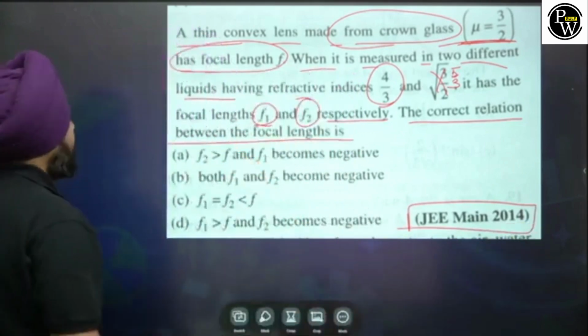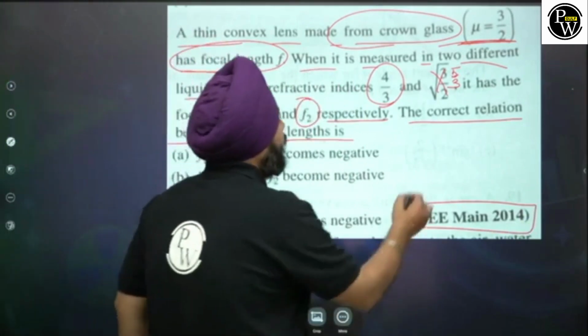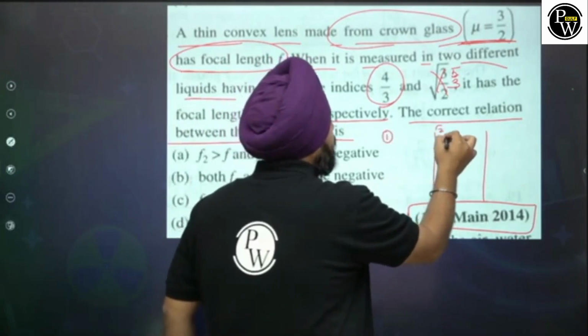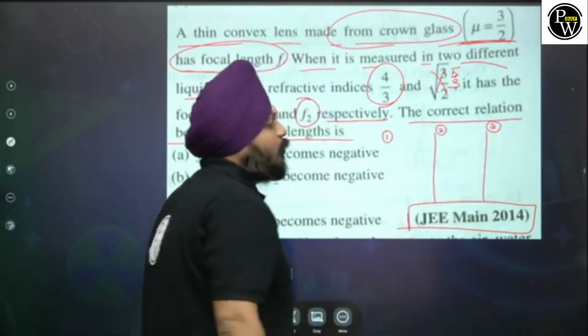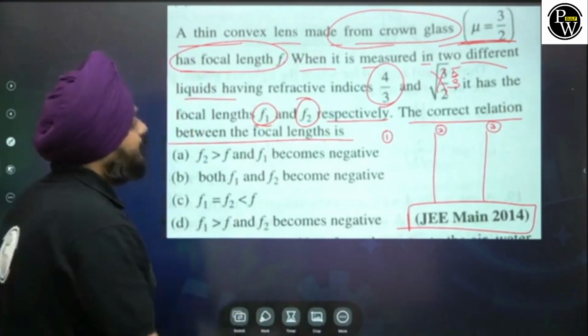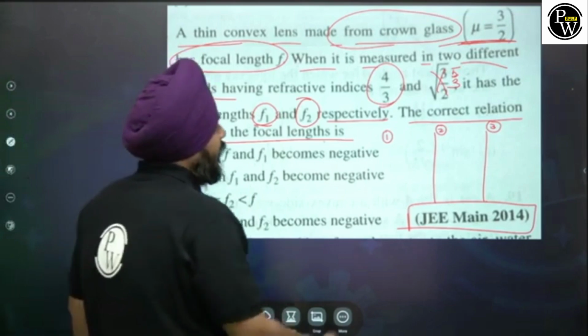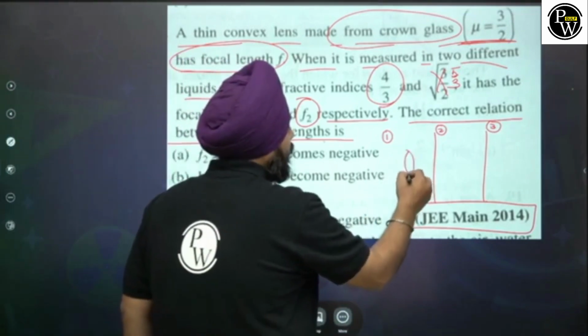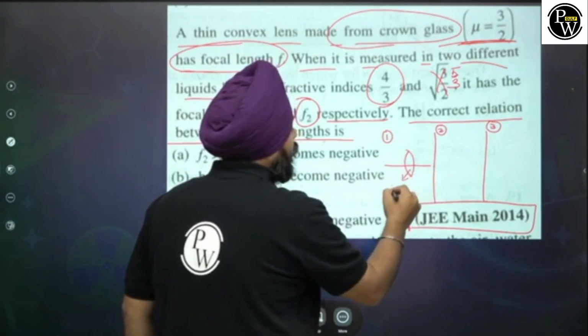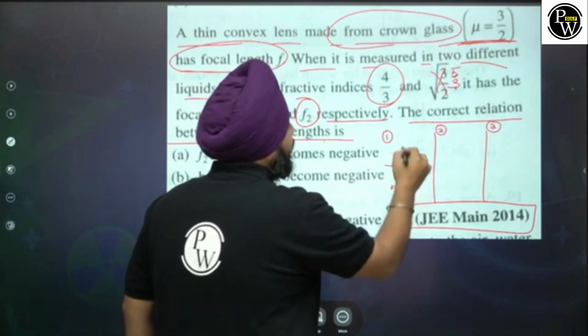See, what does the question state? It is comparing three different things. I'm going to note down here: this is the first one, this is the second one, and this is the third one. I'm going to explain all the data given in the question. First, this is a lens having the refractive index of 3/2 and it is kept in air.